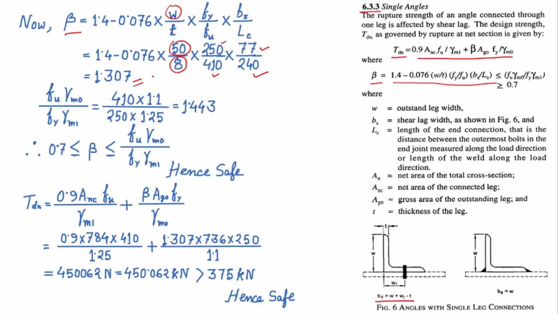Next, if you see the expression for beta, beta should be less than or equal to this expression and it should be greater than or equal to 0.7. So according to IS code, we have calculated fu by gamma m0 divided by fy by gamma m1. fu 410, then gamma m0 1.1, fy 250, gamma m1 1.25. These gamma m0 and gamma m1 are two partial safety factors and are taken from table number 5.